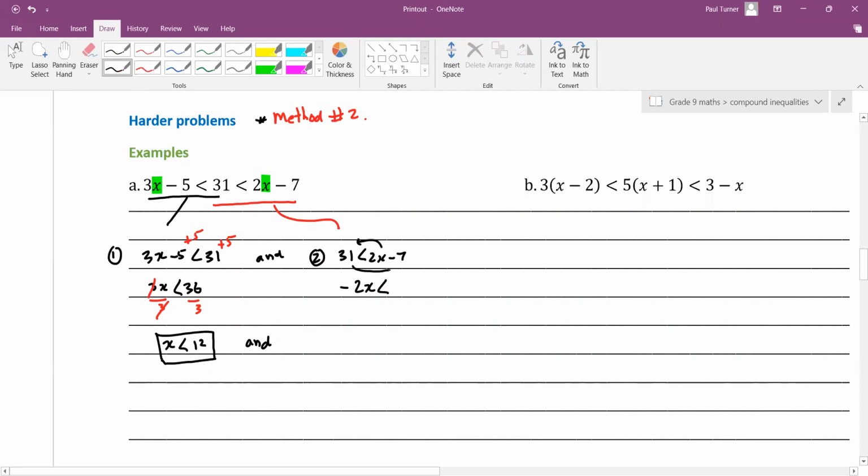Put your 31 on the other side, which gives you minus 31. So minus 7 minus 31. Let's just check everything's okay. So negative 2x is less than negative 38.